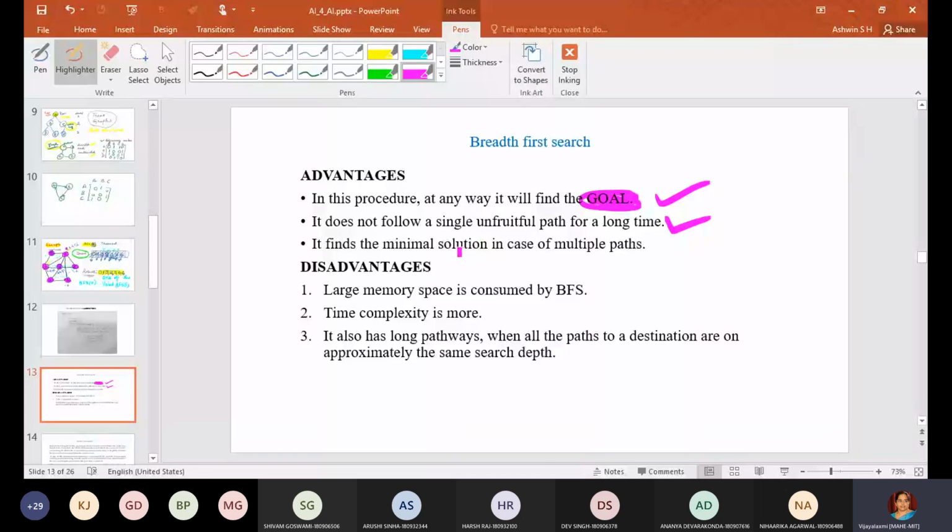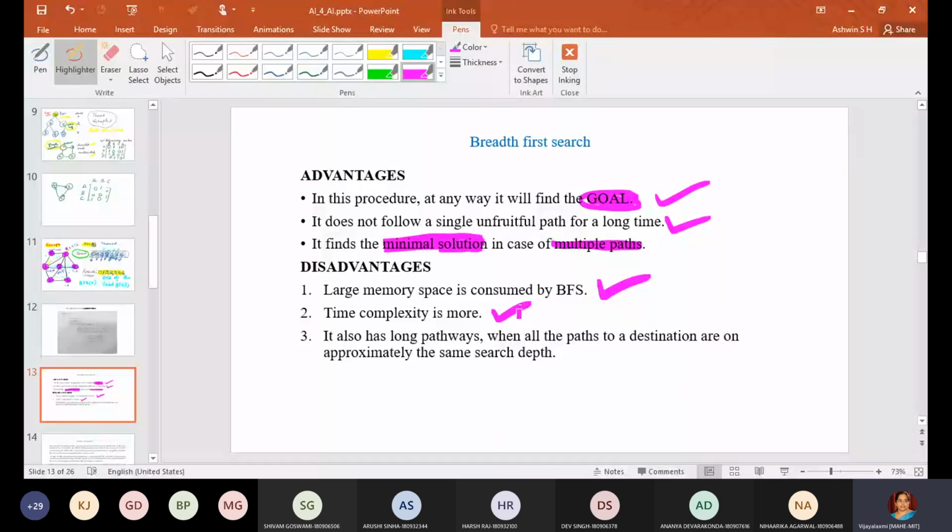It finds the minimal solution in case of multiple paths. What are the disadvantages? Of course, large memory space. This is one point. Time complexity is also more.